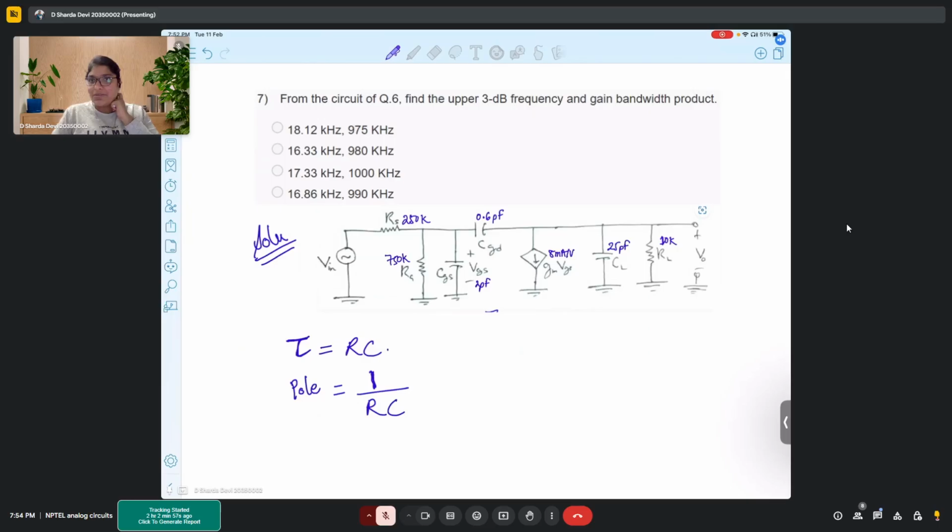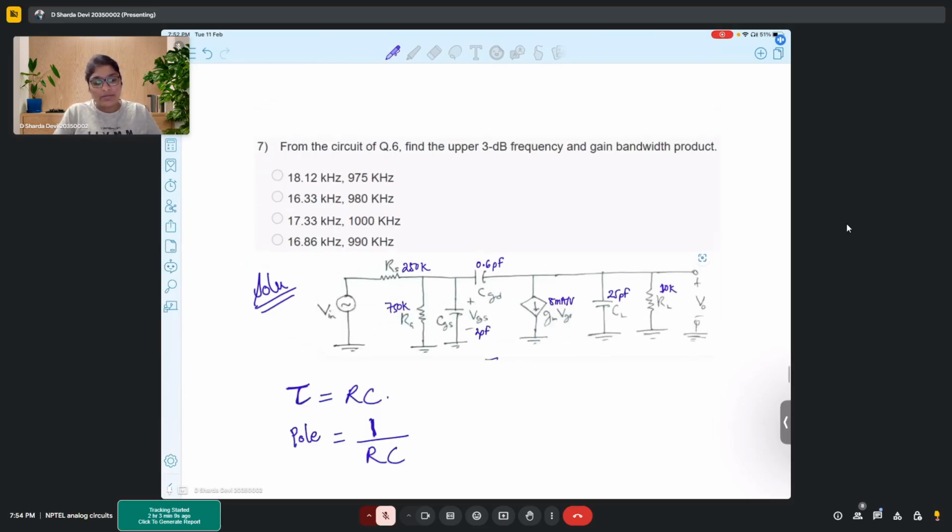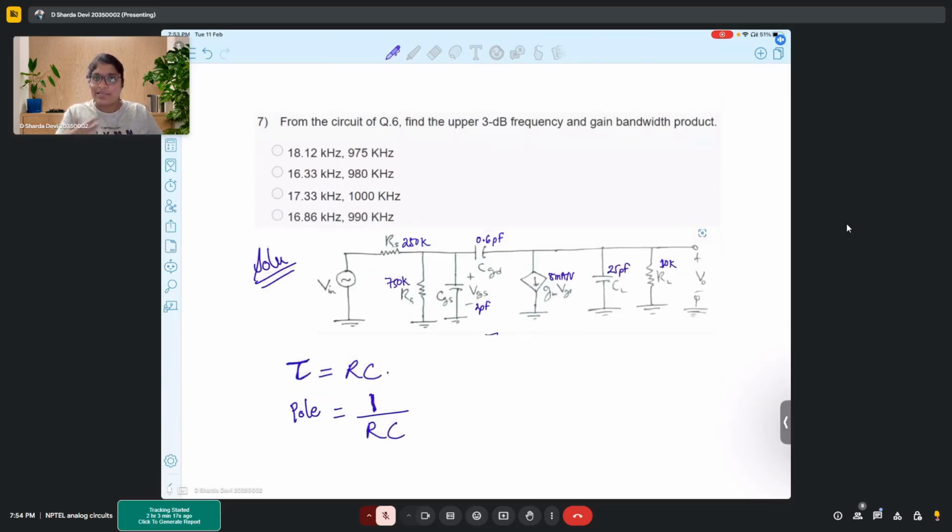There is a complex method also, which is identifying the AC nodes, calculating poles at each AC node and then figuring out the dominant pole. But for the sake of this particular subject, we're going for the easier method.